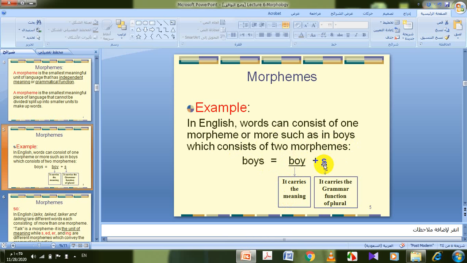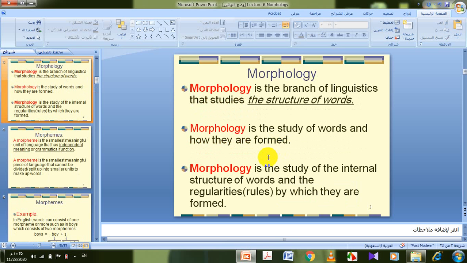However, s carries the grammatical function of plural. So one morpheme conveys the meaning, boy, and the other, s, carries the grammatical function. And that's why we have this definition of morpheme.